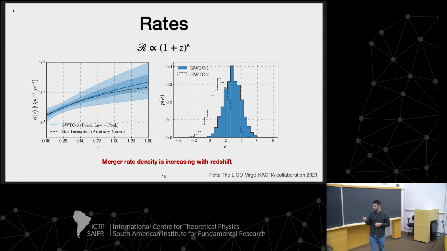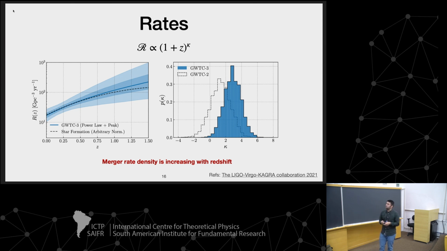The quantity is number per gigaparsec cubed per year, so it is also called merger rate density. So you take a volume of our universe, you count the number of sources that you have, and you want that to be a rate, like a number in a given time.